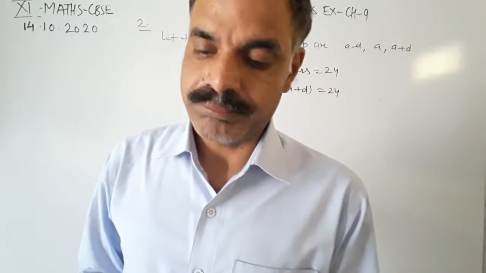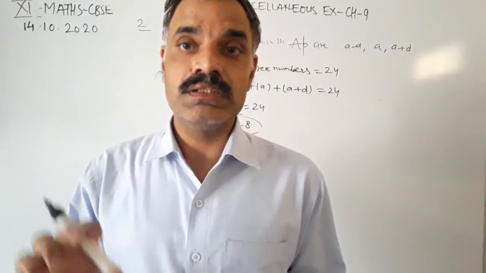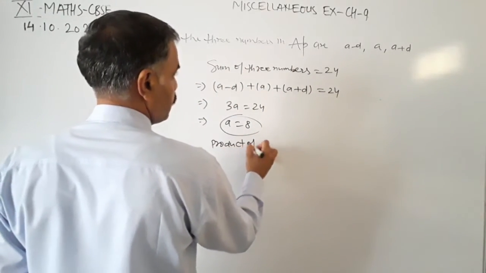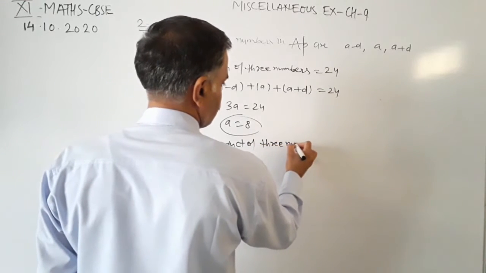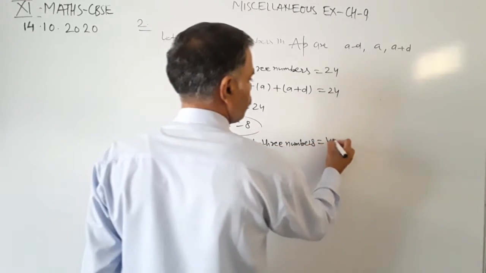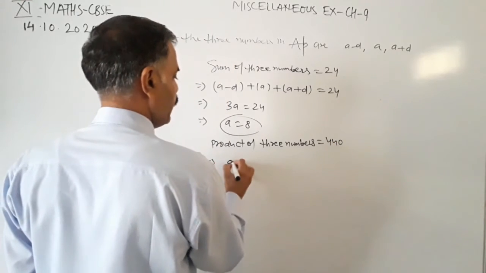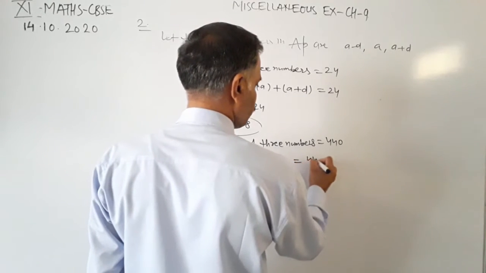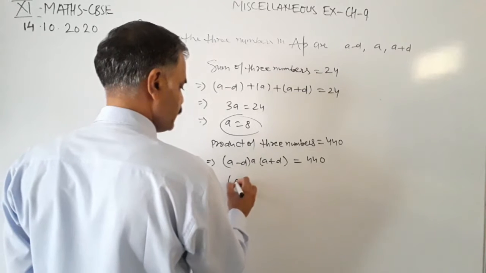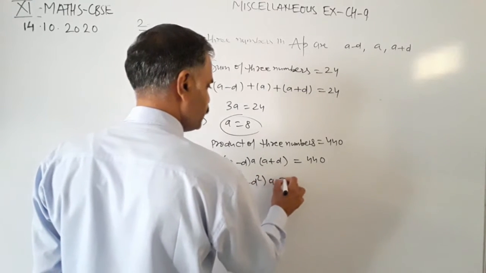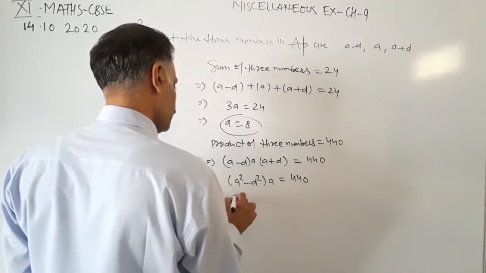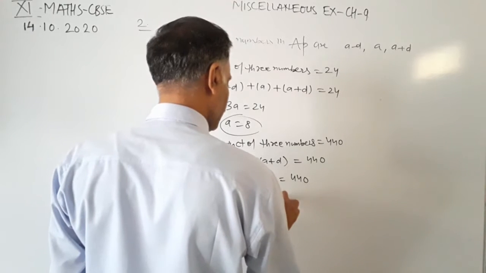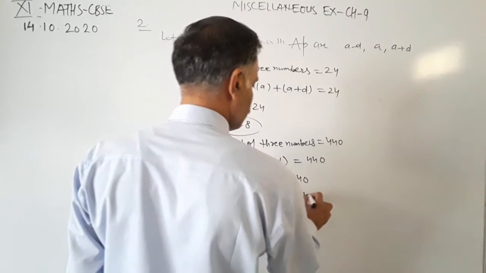Now it is given that the product of these three numbers is 440. So (a minus d) into a into (a plus d) is equal to 440. So (a square minus d square) into a is equal to 440. That is (8 square minus d square) into 8 is equal to 440.